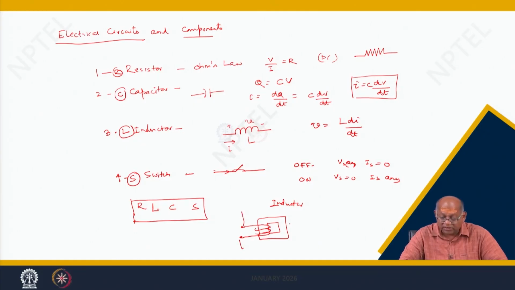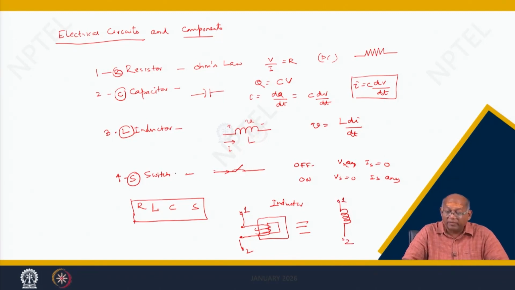So, this is terminal 1, terminal 2. And a switch can be made by semiconductor switches, by transistors, MOSFETs, etc. And a capacitor can be made by putting two parallel plates with a lot of dielectric in between.